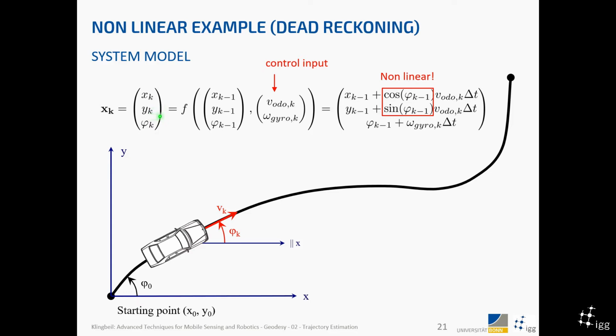This model says that the new state can be calculated based on the old state and a velocity measurement and an angular rate measurement around the z-axis, which we call control input, using this equation here. And here we can directly see that this is a nonlinear function. So we can't find a way of writing a matrix which maps the old state to the new state based on these control input variables.